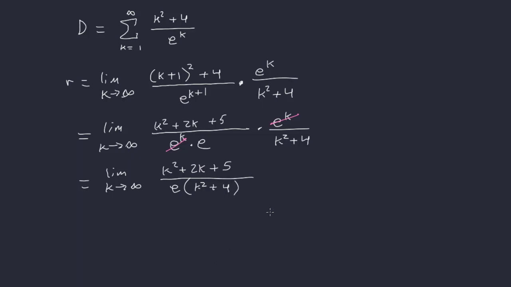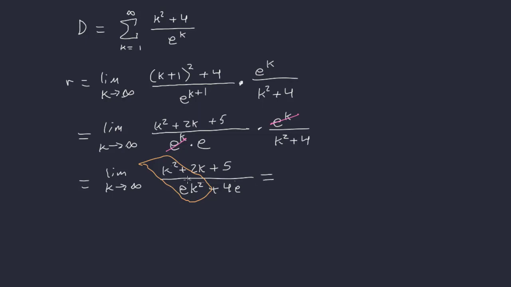Okay, now, you could also say distribute that e. Let me distribute that e. So it'll be e k squared plus 4e. Now, I'm taking the limit as k goes to infinity, and the powers of k are the same on the top and the bottom. The highest powers are both on the top and bottom.